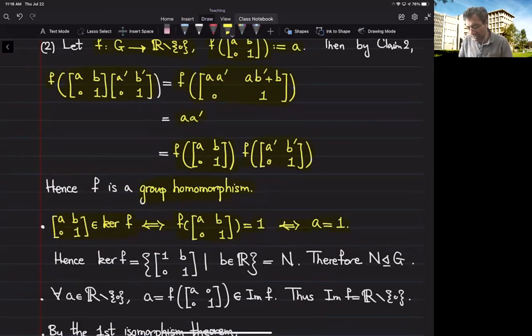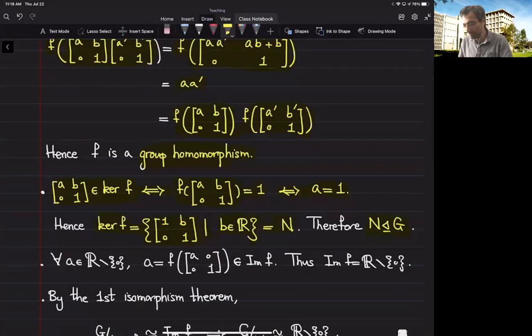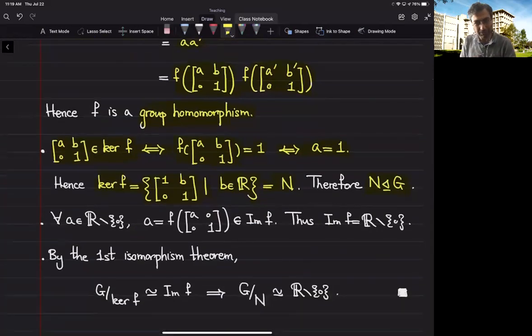So the kernel of F consists of matrices of the form 1, B, 0, 1, where B is an arbitrary real number. And that's exactly N. That means the kernel of F is equal to N, and therefore N is a normal subgroup of G. So in an indirect way, we showed that N is a normal subgroup by finding a homomorphism whose kernel is N. We argued that N is a normal subgroup of G.